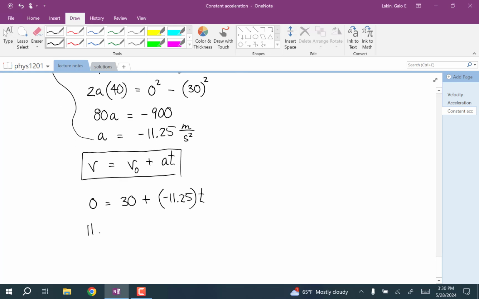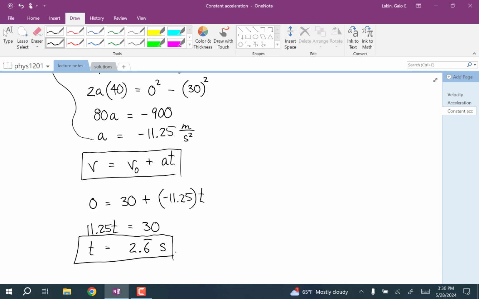And so 11.25 t is equal to 30, and so t is equal to 2.6 repeating seconds. We got a positive number for t, so that's a good sign because we're never doing calculations in this class with negative times.